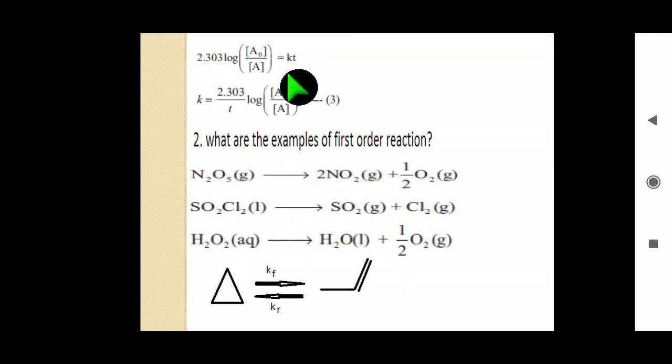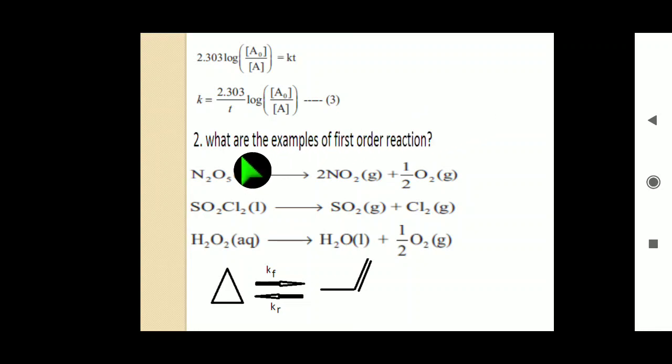So k equal to, the time t will come in the denominator. Okay, so if you cross multiply, from the previous step we can get it. The final expression that belongs to the integrated rate law for a first order reaction, that is the rate constant: k equal to 2.303 by t log of A naught divided by A concentration.